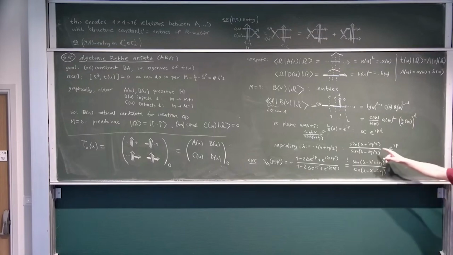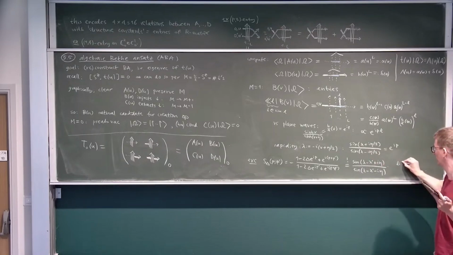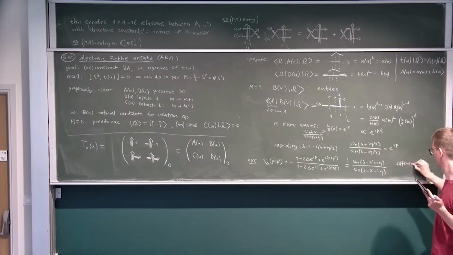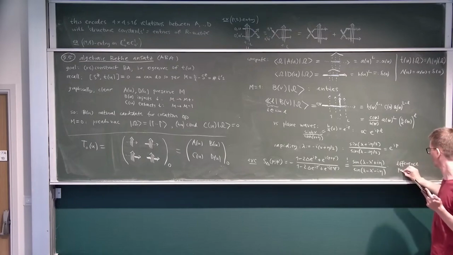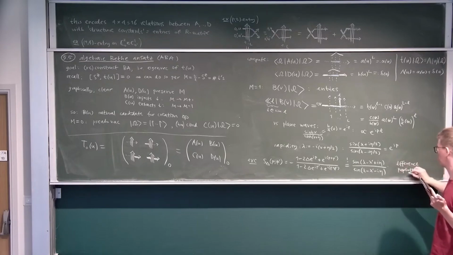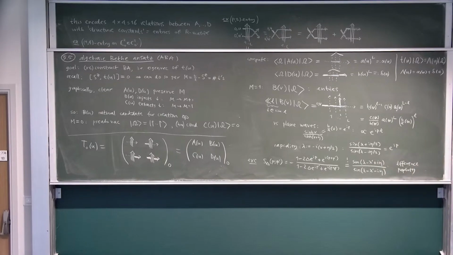Where here, of course, I assume that p is defined by lambda like this, and likewise p prime in terms of lambda prime. So this is a kind of difference property. And in fact, these rapidities were introduced very long ago by Orbach already in the 50s, I think, or so. So by these type of motivation.